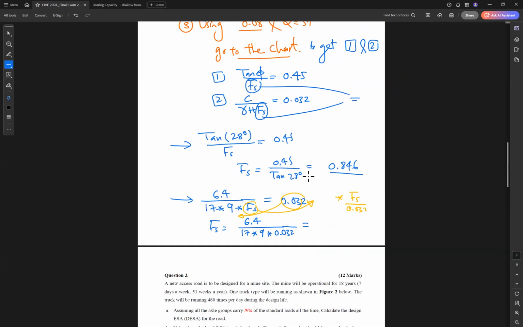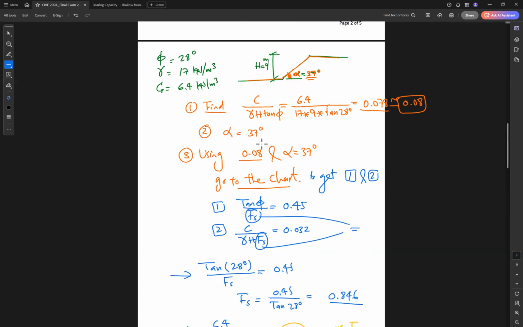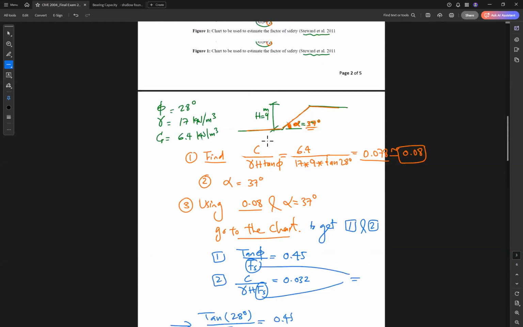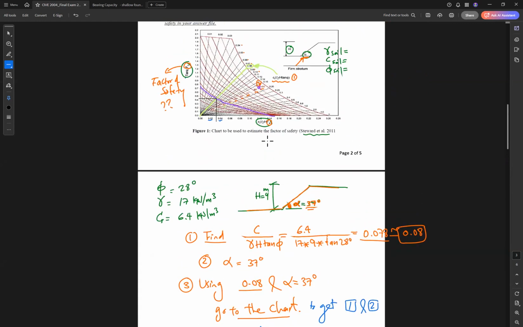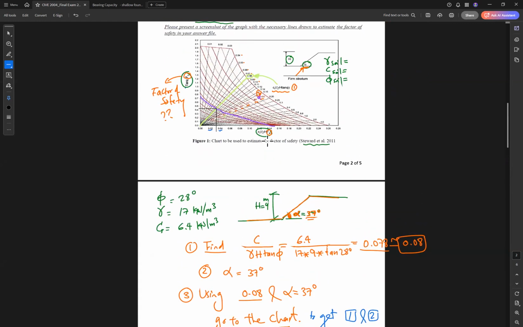We can find difficulties in getting accurate values, but it's okay. We are marking for the procedure, not for the exact value.